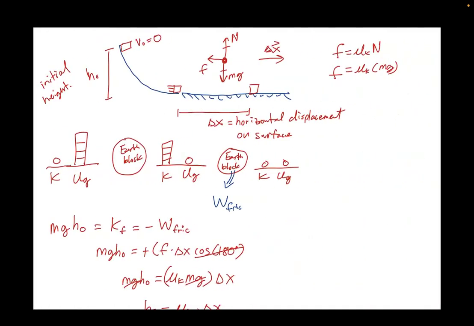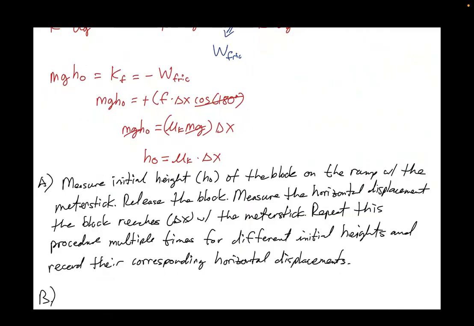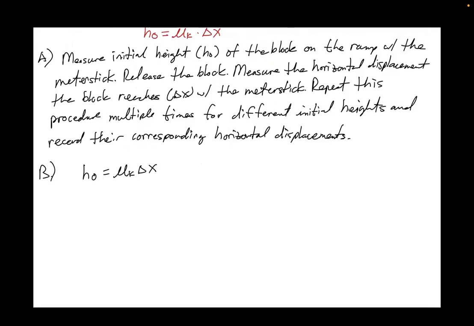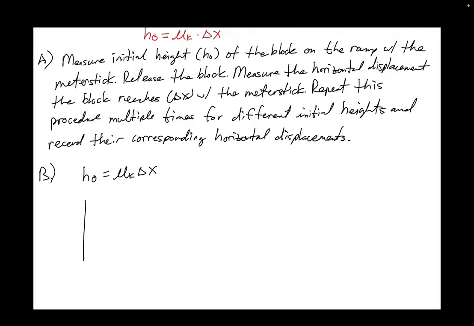Okay, perfect. Looking at the brainstorming session we did, given that h naught should equal mu sub k times the horizontal displacement, we could graph the horizontal displacement on the x-axis and the initial height on the y-axis.